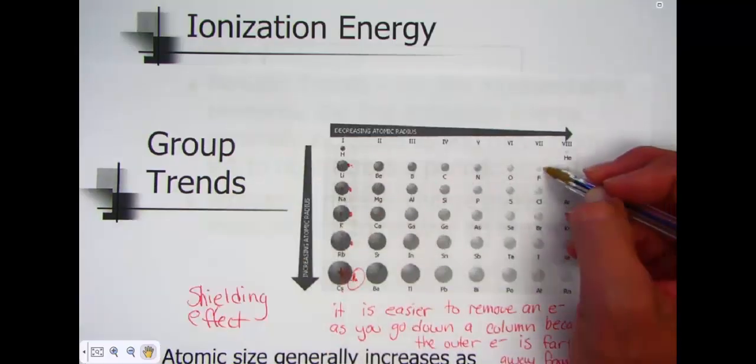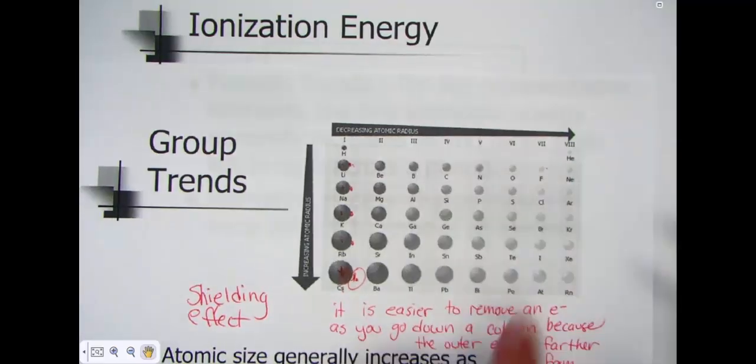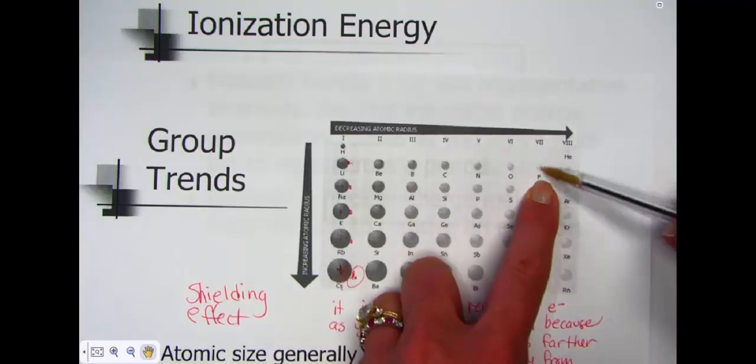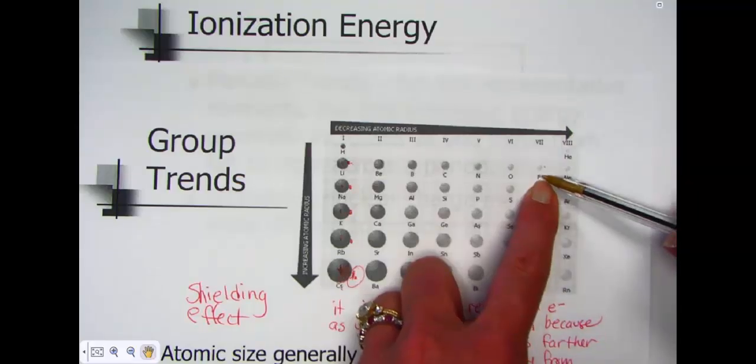The smaller the atom, the more effective nuclear charge is going on. The greater the tightness between the electrons and positive protons in the nucleus. When atoms get smaller, they hold on to their electrons much more tightly. It's much more difficult to remove an electron from fluorine, very high ionization energy.